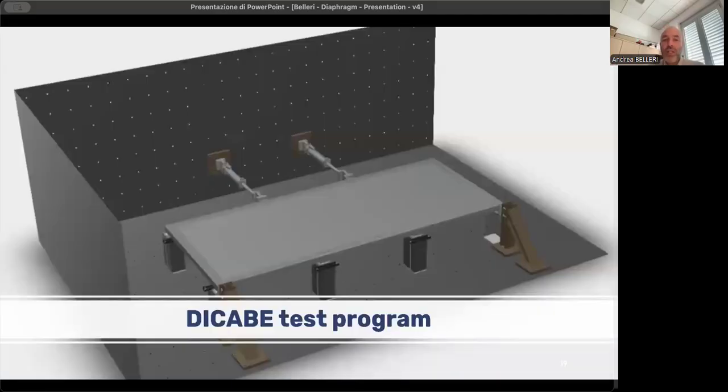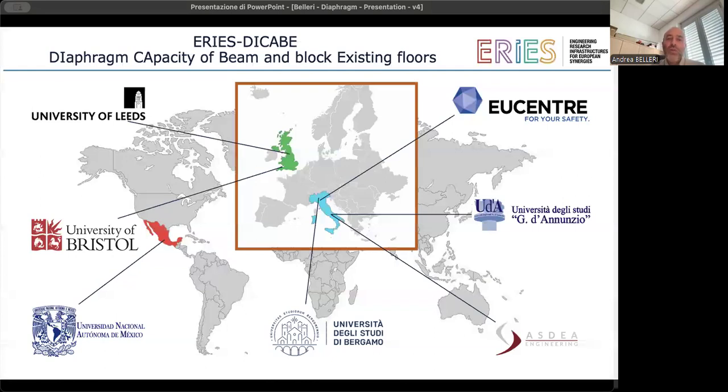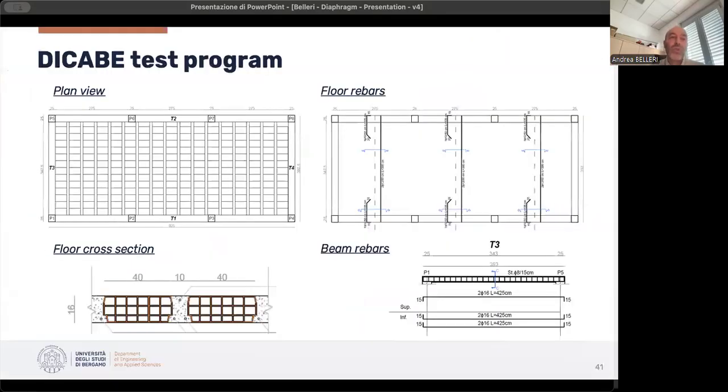So finally, we managed to test a diaphragm in almost real conditions. This was made possible by the DCAB test program, which involved several universities and also companies. And it was possible thanks to the financing of the European Commission.